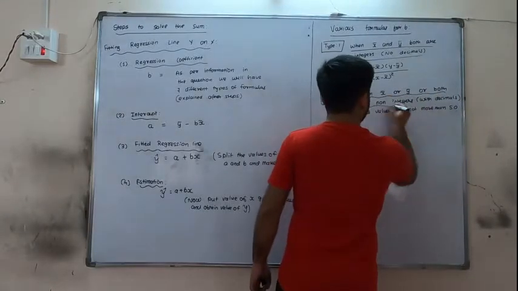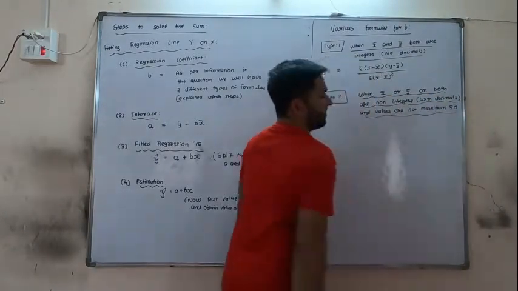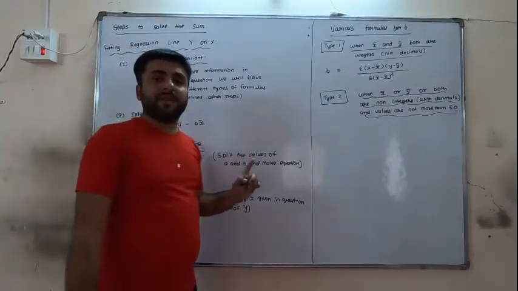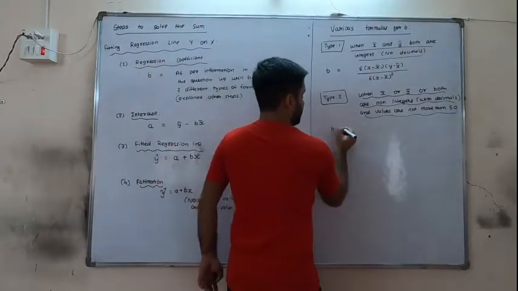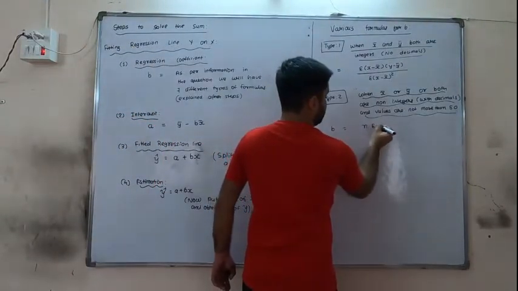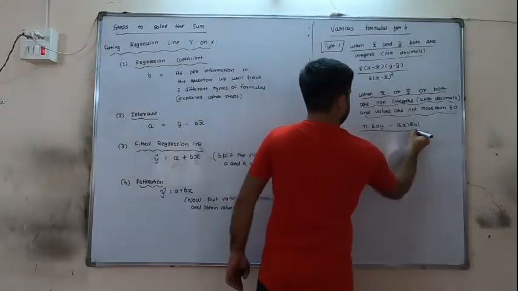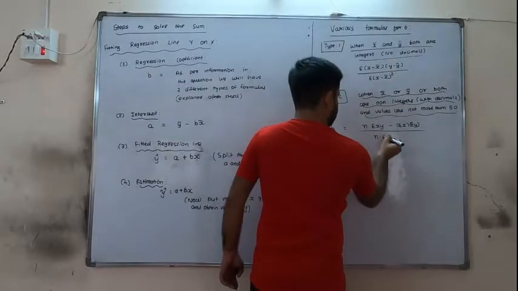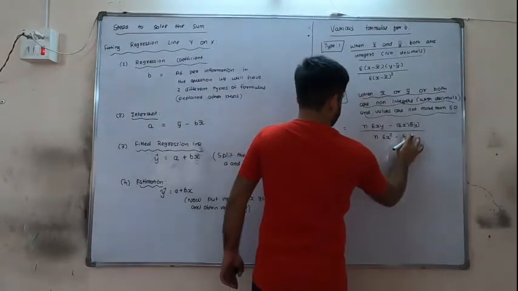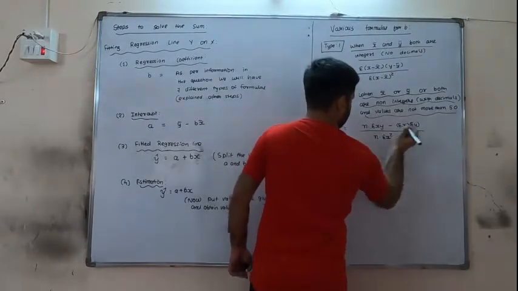The xy formula which we were using, the same formula but with a slight change. b is equal to n into sigma xy minus sigma x into sigma y, divided by n into sigma x square minus sigma x whole square.